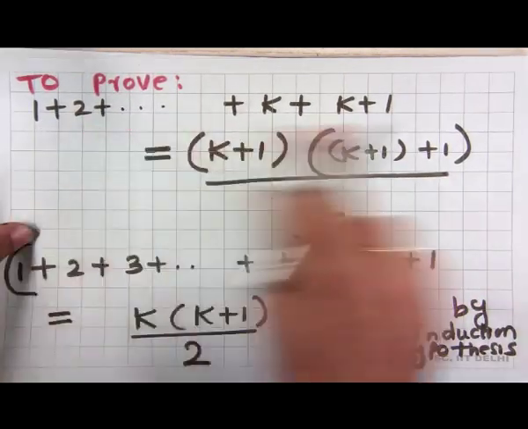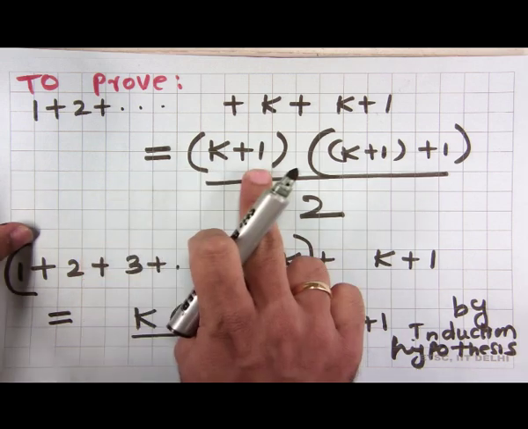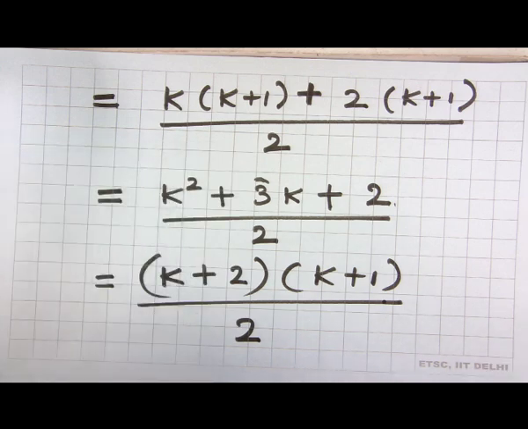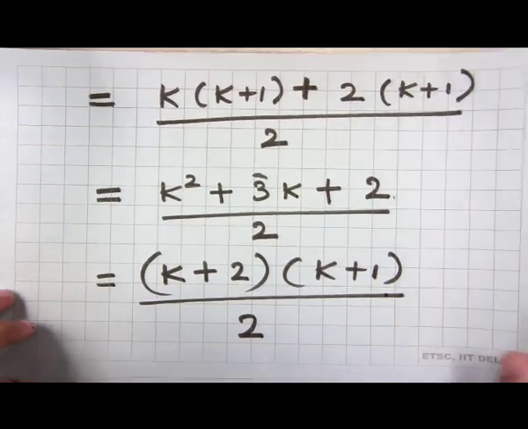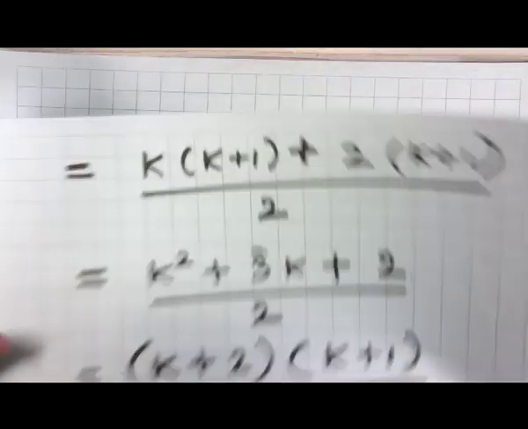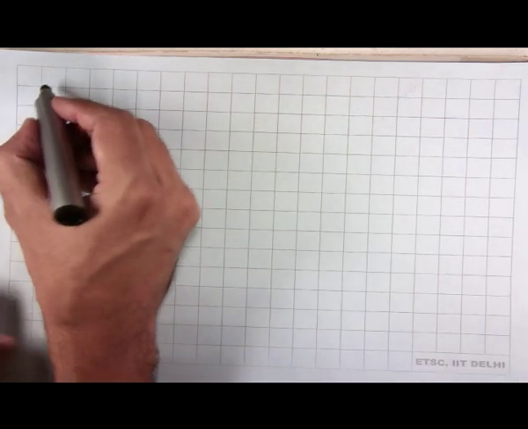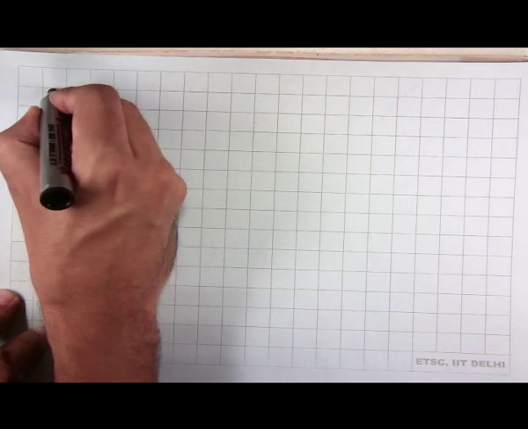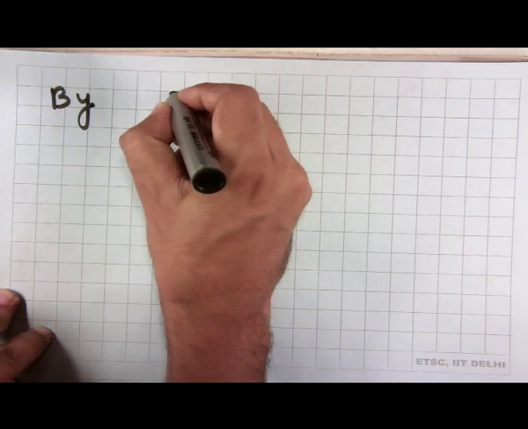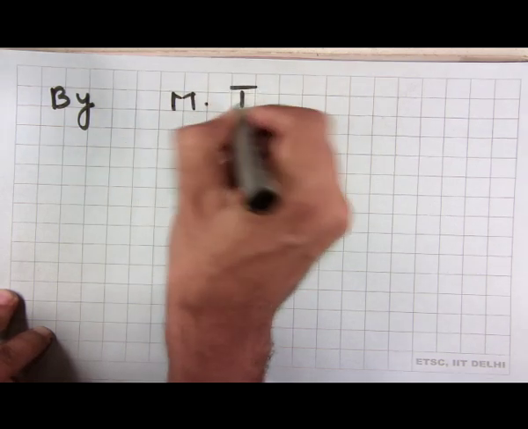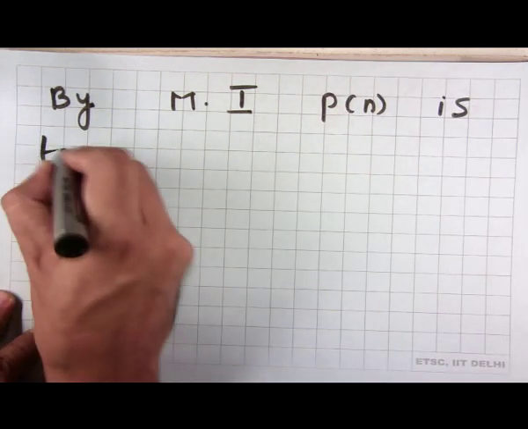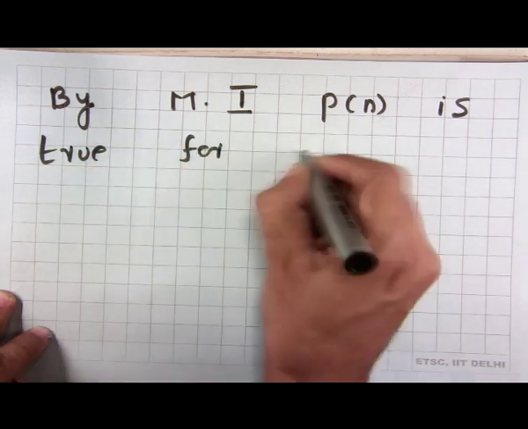You can see that this is exactly what you have to prove: 1 plus 2 plus etc. plus (k plus 1) is equal to (k plus 1) into (k plus 1 plus 1), which is k plus 2. So, thus assuming P of k is true, we proved P of k plus 1 is true. This finishes the inductive step. Therefore, by mathematical induction, P of n is true for all n.